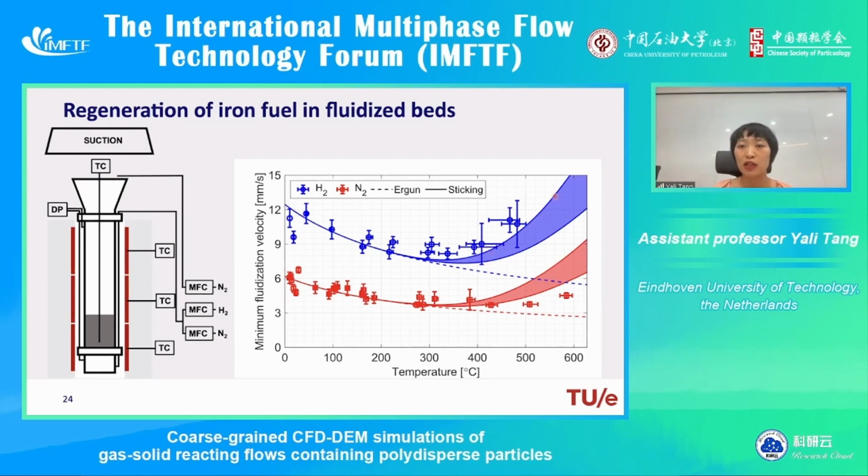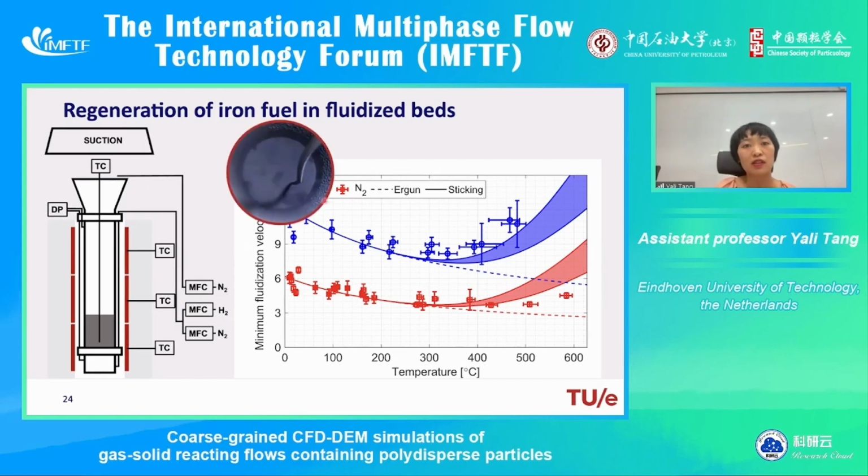That is indicated by these solid lines, where we add a sintering force term into the Ergun equation. This force term is essentially a cohesion between particles at high temperatures, when the particles become sticky and start to sinter.